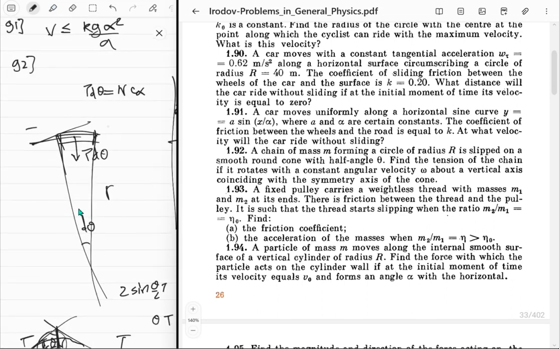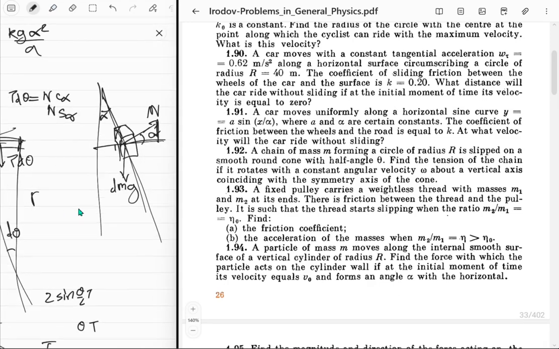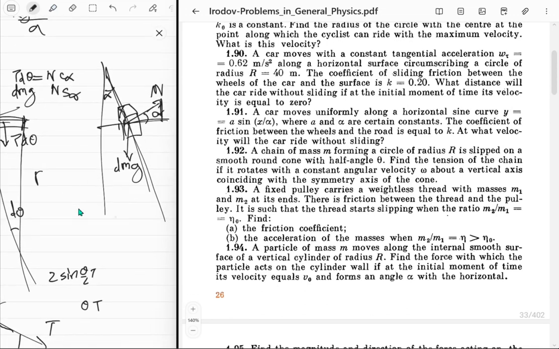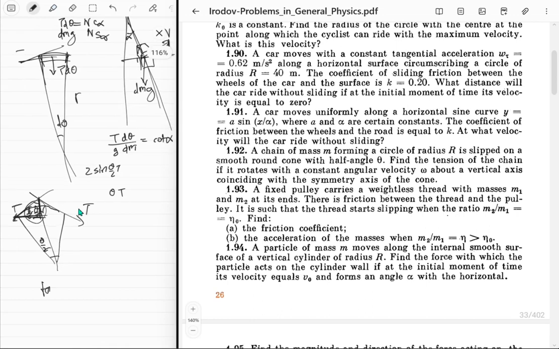What about the vertical balance? You have gravity, dm g, and the normal N sine alpha. Divide these and you get T d theta upon g dm equal to cot alpha. So tan alpha is equal to T upon g times dm upon d theta.